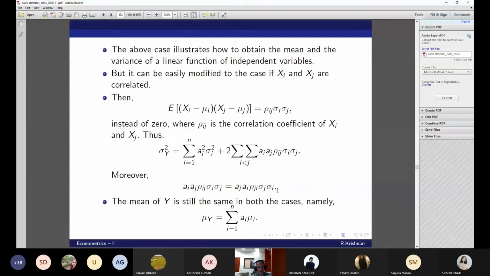This product will be equal to this product. Covariances are always symmetric. Rho ij is nothing but rho ji. What is rho ij? It is the expectation of xi minus mu i times xj minus mu j, by the standard deviations of i and j. Rho ji will be the other one, the covariance of xj, mu j, xi, mu i by the standard deviations of i and j, isn't it? So the product will be the same for both the denominator and the numerator in both cases, and hence there is equality.